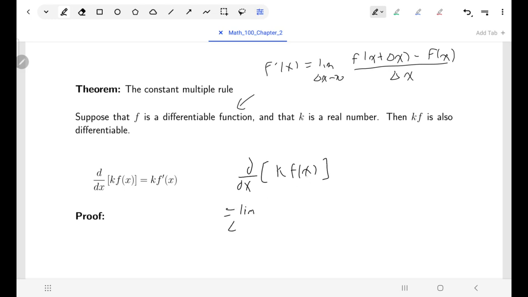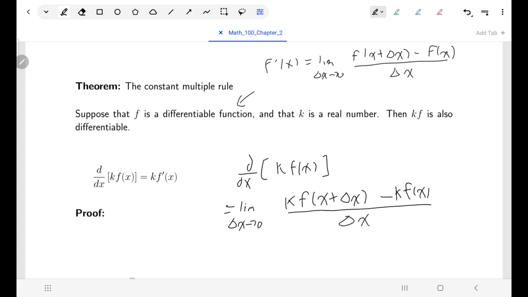So, the limit as delta x approaches 0 of k times f of x plus delta x, minus k times f of x, all over delta x. And then we're almost finished.